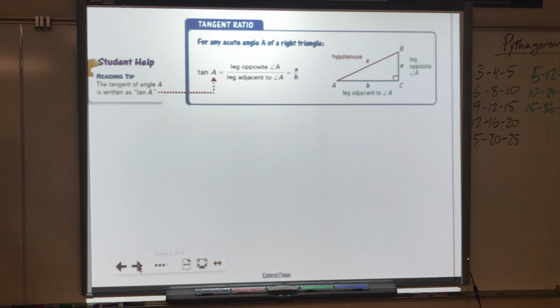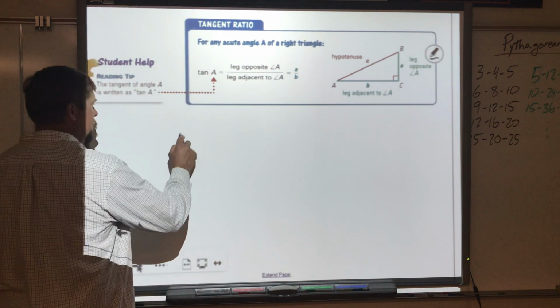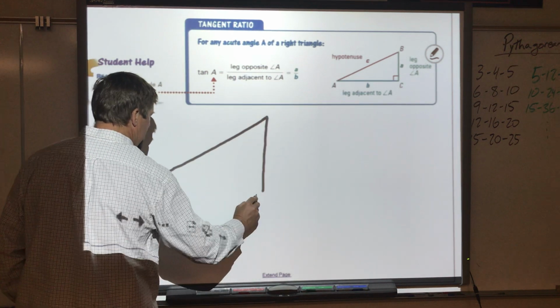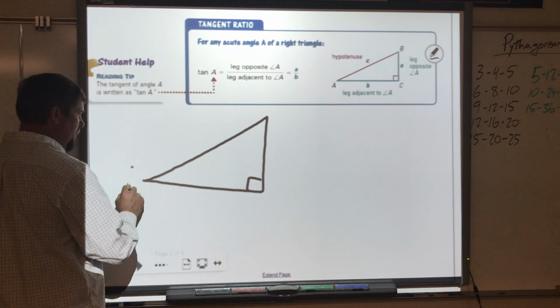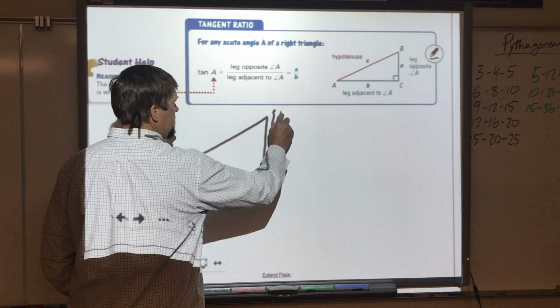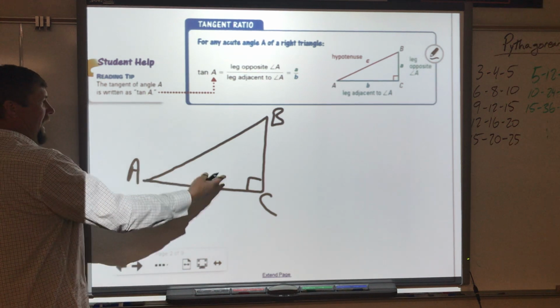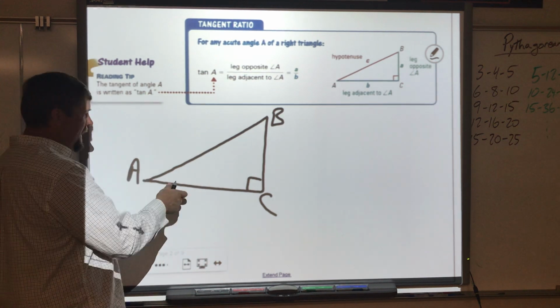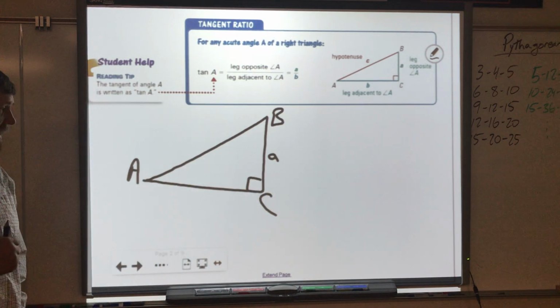When you are talking about one of the angles of a right triangle, and it doesn't matter what the angles are, we're going to call this A and this B and this C. So the side that is opposite capital A angle is usually considered lowercase a.